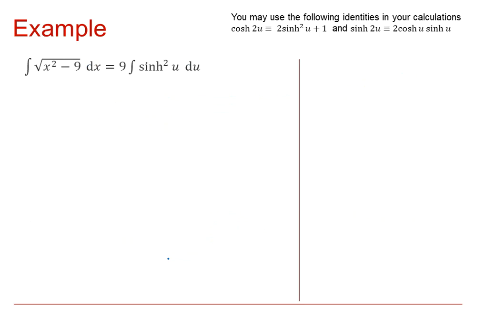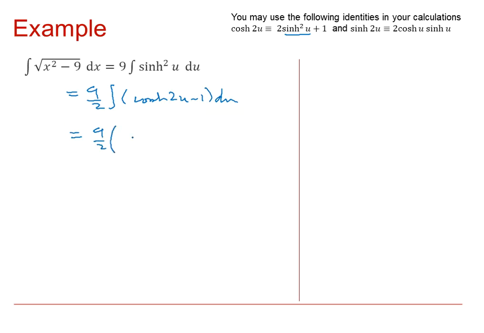So now we're going to try to integrate 9 times sinh squared u du. So the first thing I'm going to do here is to use an identity. It's the sinh squared that's the problem, so I'm going to substitute sinh squared u is a half of cosh 2u minus 1. So this is 9 over 2 times the integral of cosh 2u minus 1 du, which is 9 over 2.